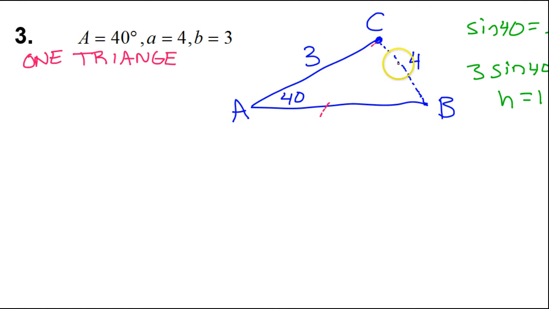So I can do this. Sine of 40 over 4 is going to equal the sine of angle B over 3.